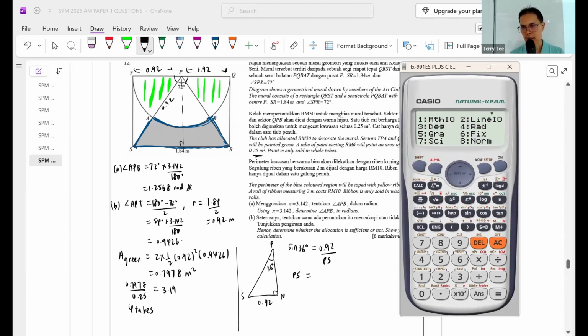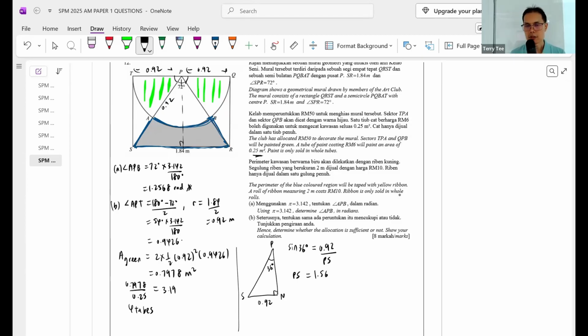Calculator in degree mode. Sine 36, bring down 0.92, divide by sine 36. You should get 1.5652 in meters. Why do I need to find PS? Because I am finding the perimeter, which means I need to find AS.